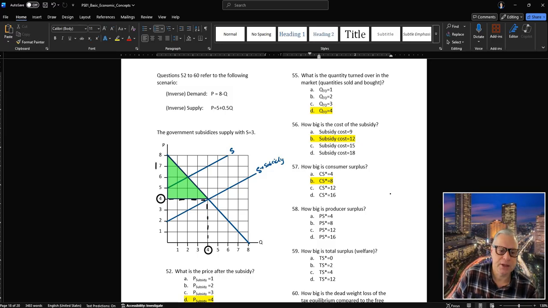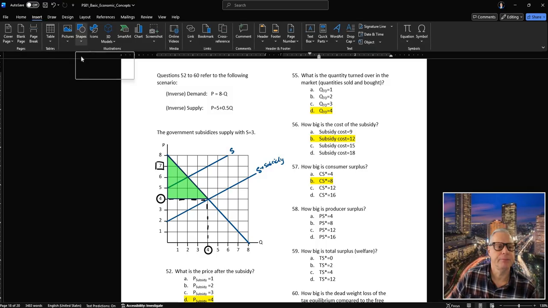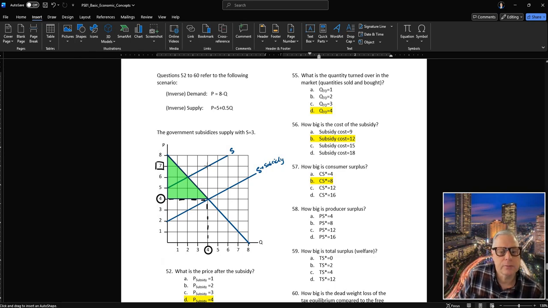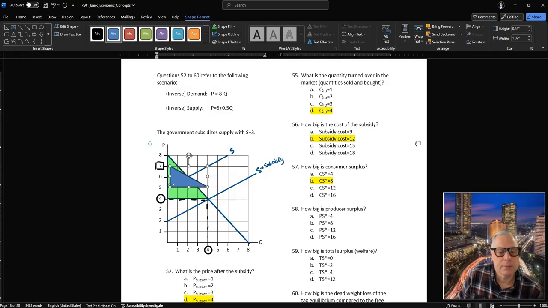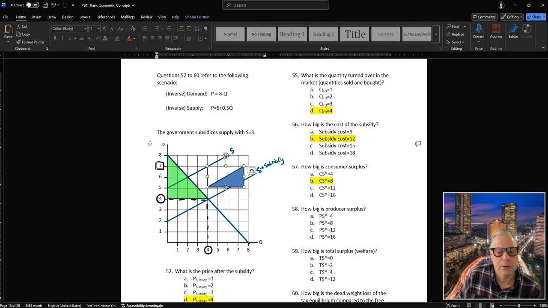So this price here is basically the price that the producers get. Okay, I better flip that around.